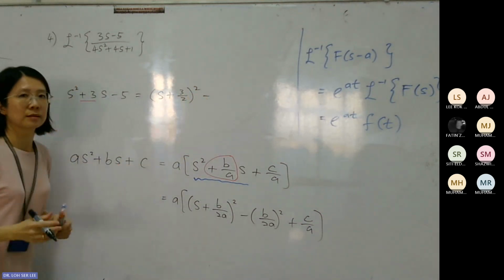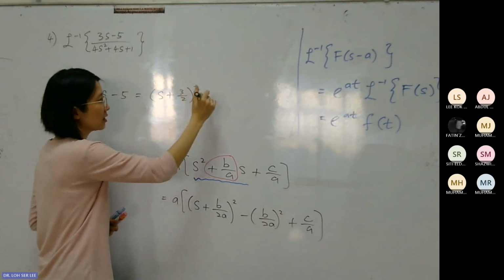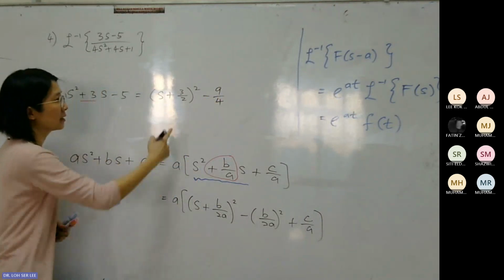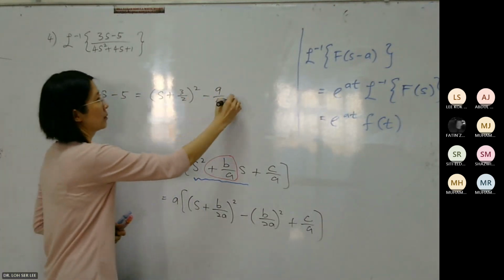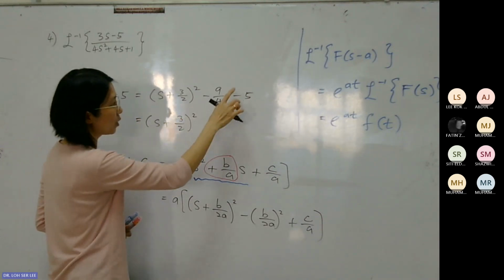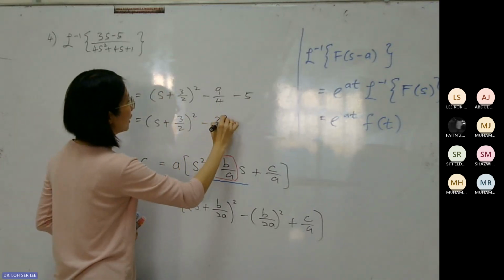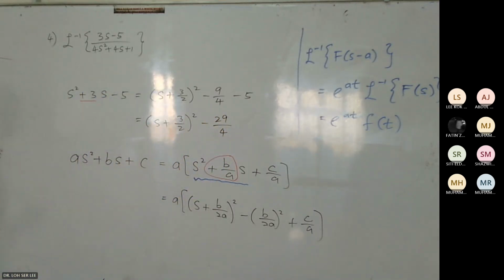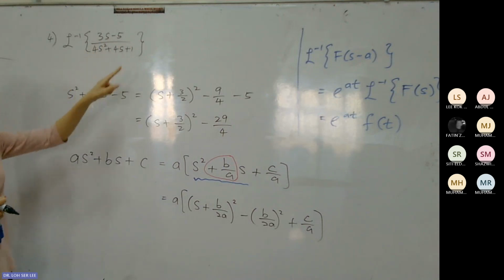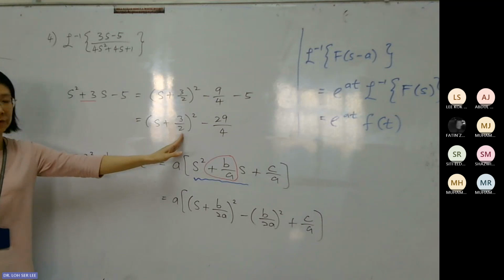Then minus the square of this one. The square of this is 9 over 4, right? Minus this one, then continue with minus 5. Then you simplify: s plus 3 over 2 squared, this one minus this, so 29 over 4.